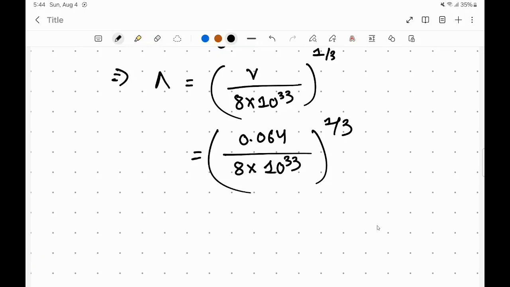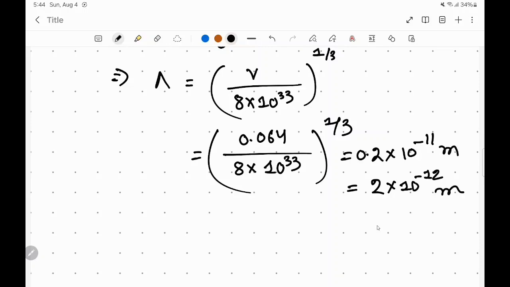So 0.064 divided by 8, to the power 1 by 3, it is 0.2 into 10 to the power minus 11. So you can write it as 2 into 10 to the power minus 12 meter.